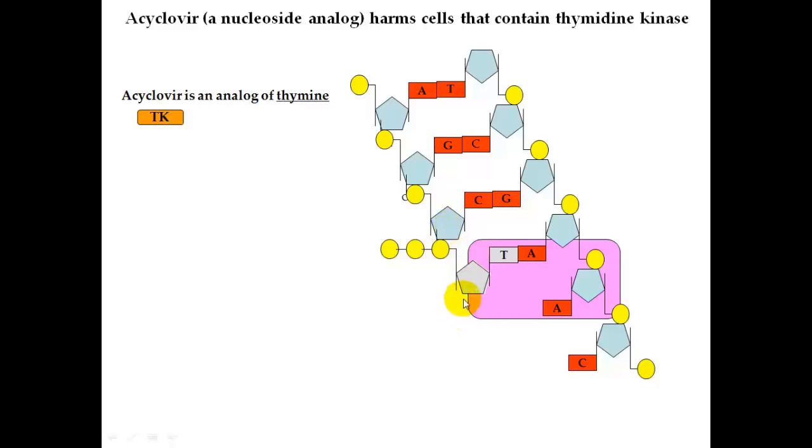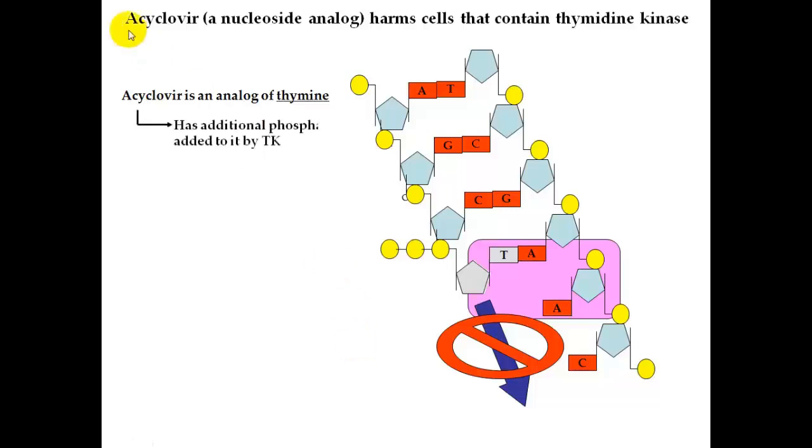Because there is no OH group on the 3' carbon, that makes it hard for any more incoming new nucleotides to become attached to it. So you get what's called chain termination at that point. So no more of that nucleic acid chain is produced. And so basically that's how acyclovir, which is again a nucleoside analog, slows down viral replication by throwing a wrench in the whole process of replicating its DNA.